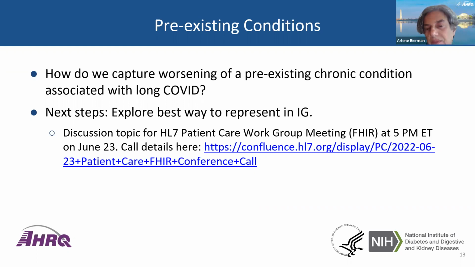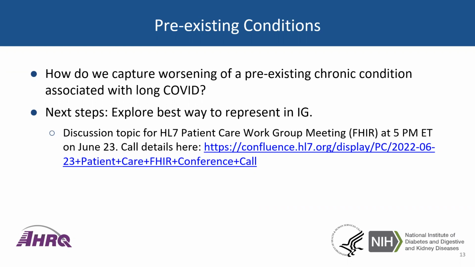I was just going to say, I think there are two key aspects of capturing worsening of pre-existing chronic conditions following long COVID. And I think one of them is the research perspective, wherein the approach would likely be to identify the onset of COVID or long COVID, which would be a data element, and then use other data elements on the status of the conditions to assess whether they've worsened, right?